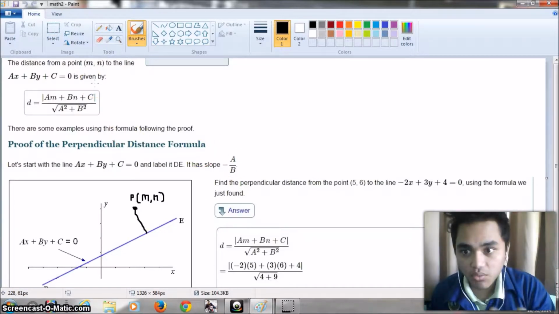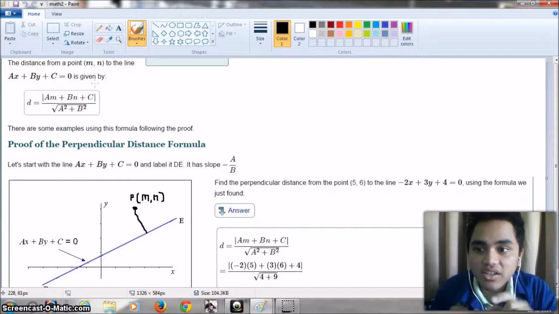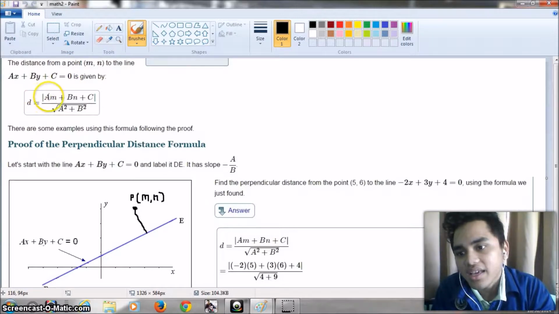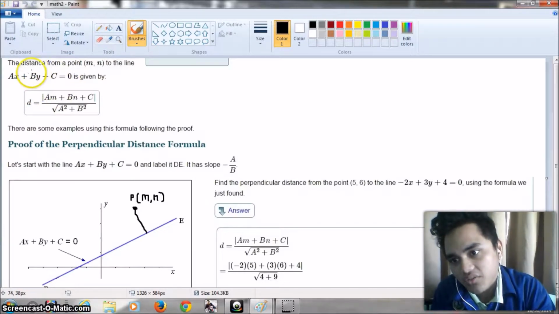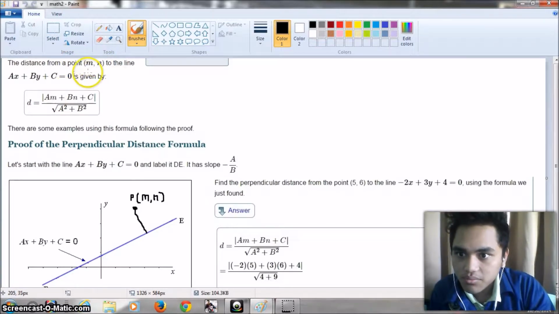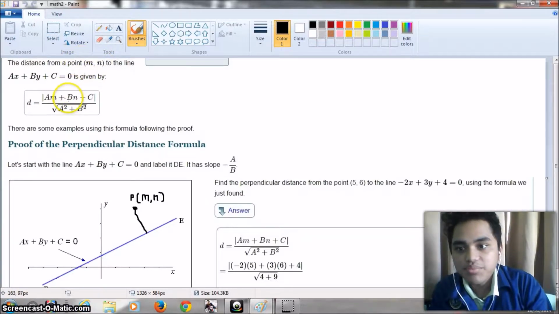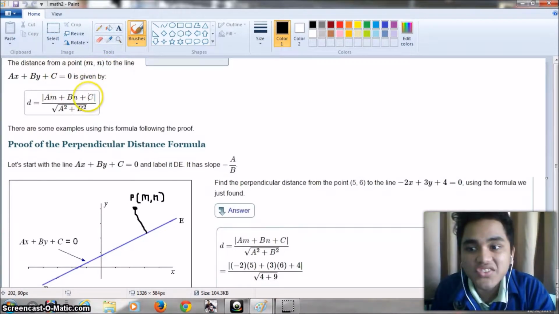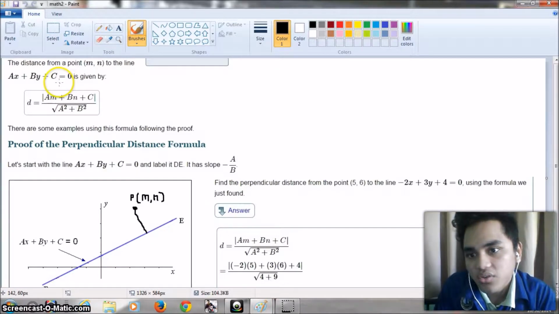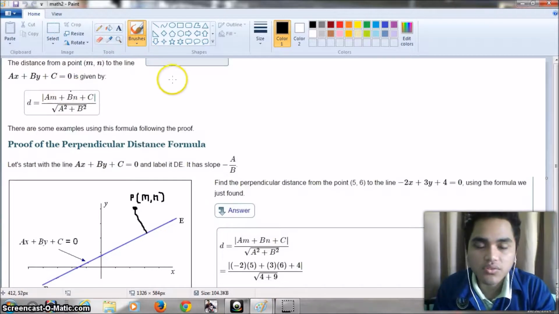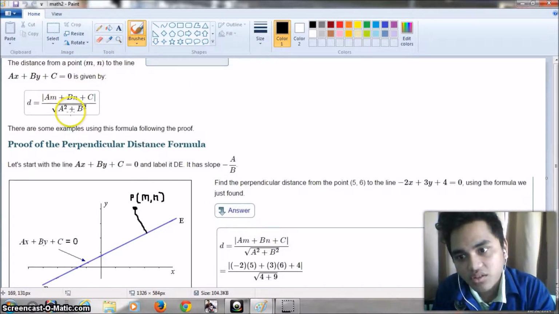The formula of perpendicular distance is: distance equals A, which you get from the equation of the line, times M, which you get from the point itself, plus B from the line times N from the point, plus C, which you also get from the equation of the line. It is compulsory to find the equation of the line first before you substitute any question into the formula.